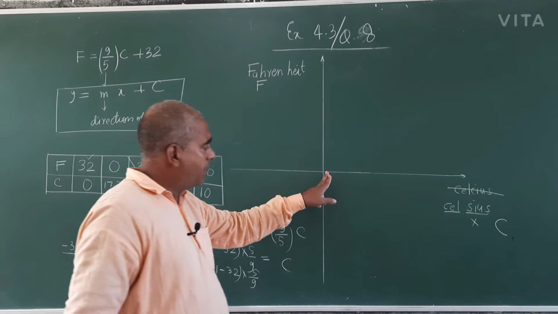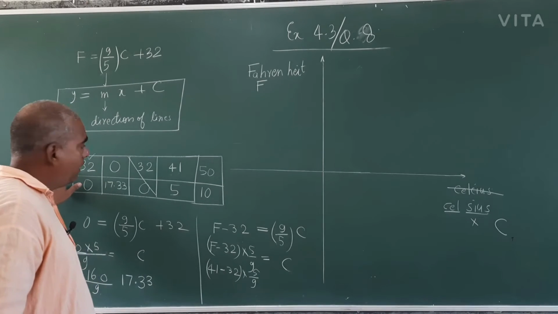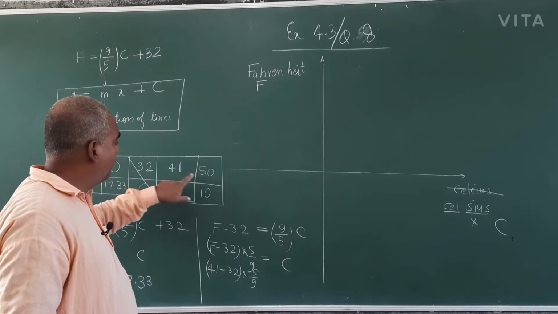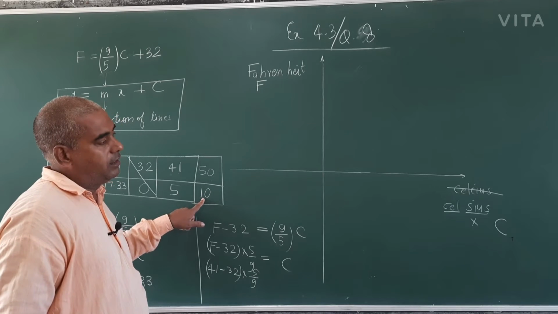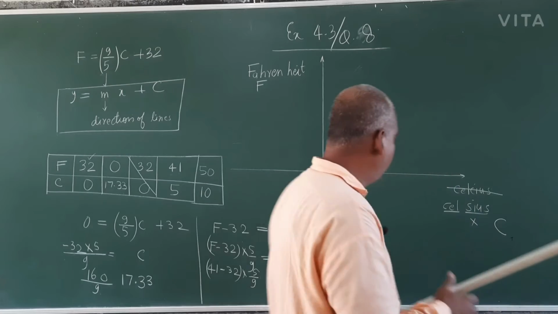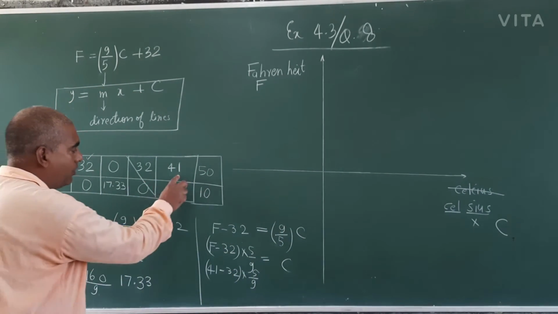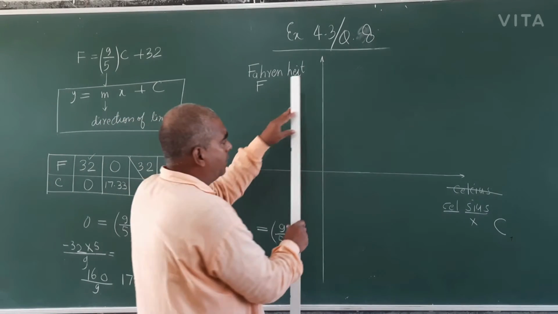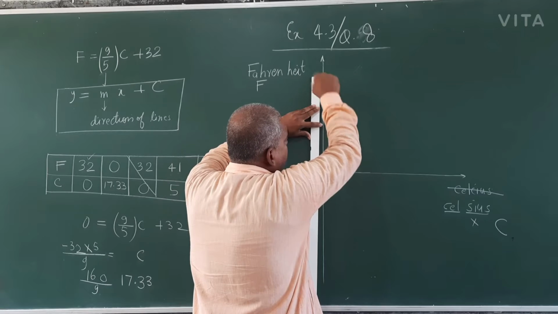So you can make equal division, and for F here, you have to take 40 50 value, and you have to take here 10. So division of the unit is very important in drawing the graph. So you have to take 40. The length of the graph is mostly centimeter now, 1 2 3 4 5 to 6 centimeter.